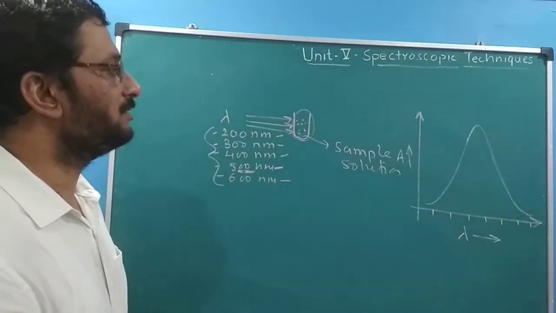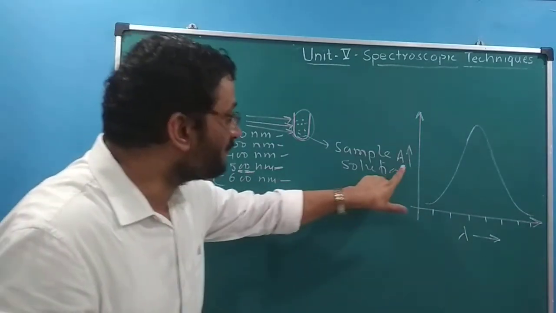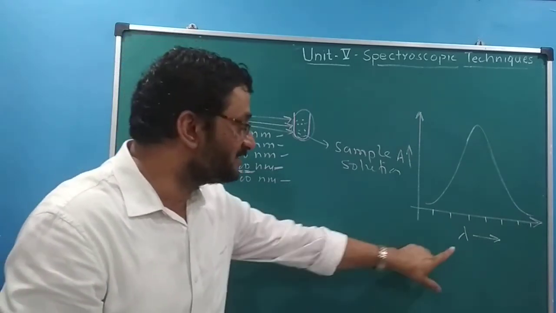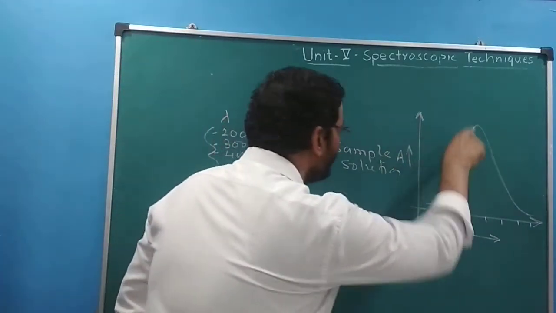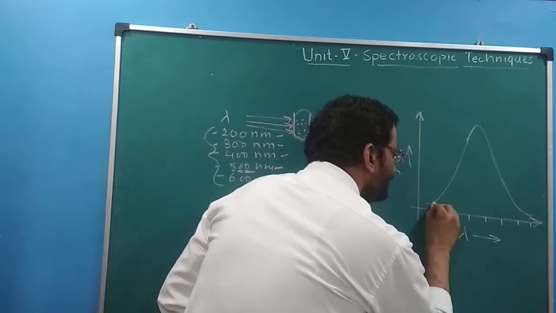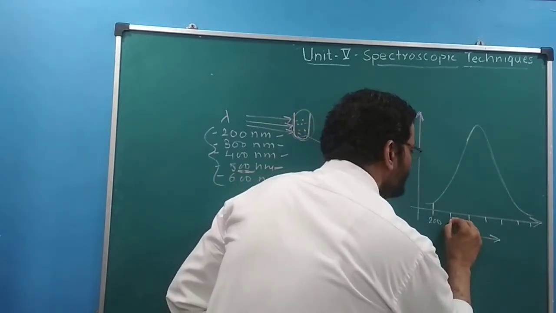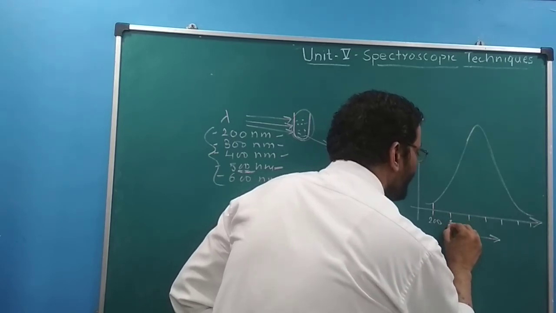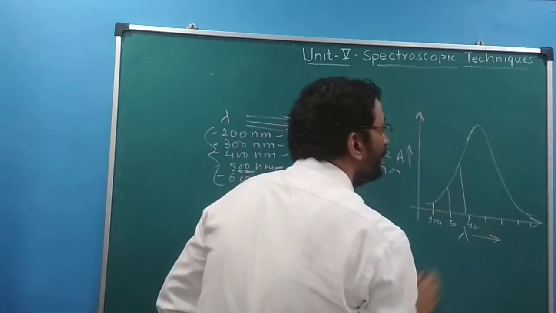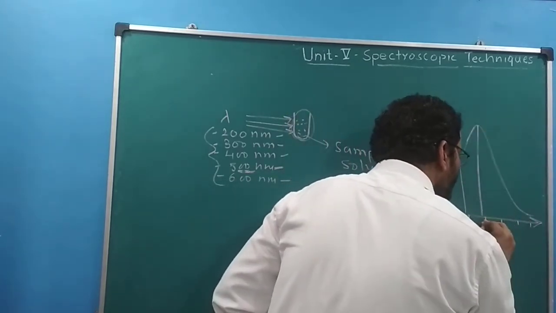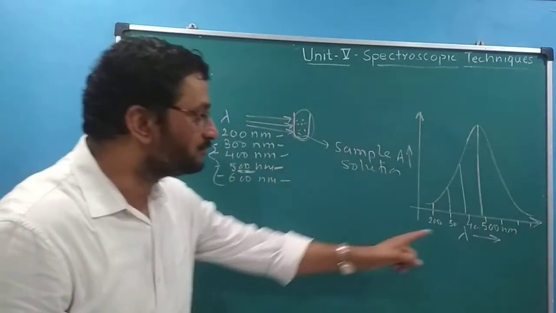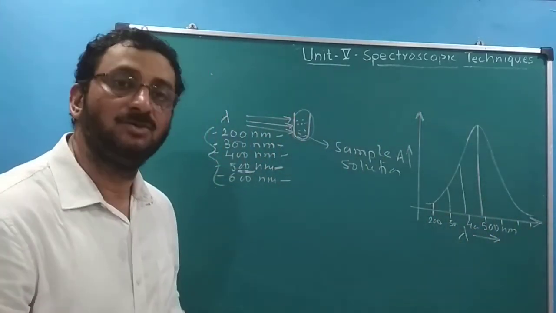This sample is showing this type of graph of absorbance, how much light is absorbed. So this sample has absorbed 200 nanometer to this extent, 300 nanometer to this extent, 400 nanometer to this extent, but it has absorbed 500 nanometer to maximum extent.